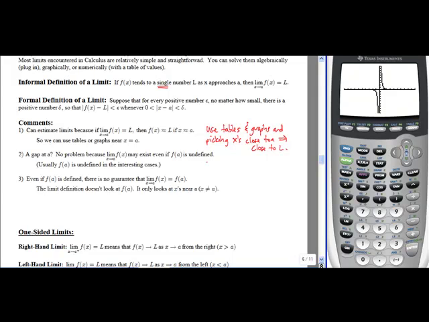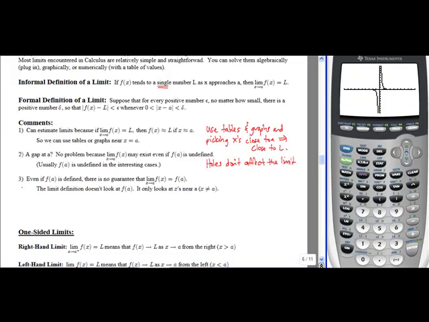So in other words, holes don't affect the limit. And usually this f of a value is undefined in the more interesting cases where you have graphs that have holes in them, asymptotes, and strange behavior going on. So in the case of limits, it doesn't matter what happens right at a, just what happens near a.